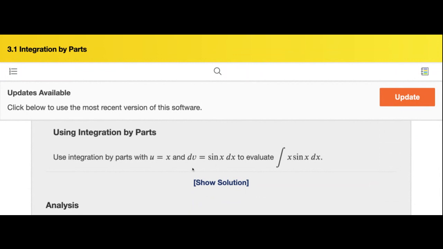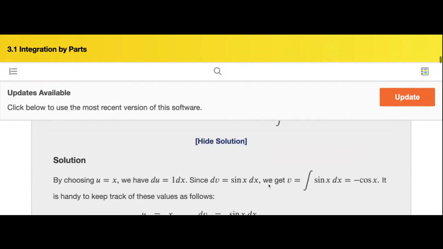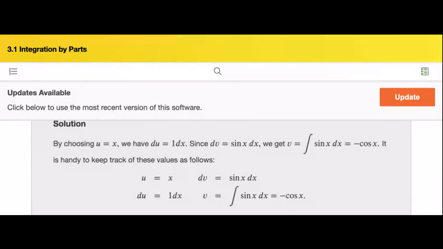Then we can find v: v equals negative cosine x. So u equals x, du equals dx, dv equals sine x dx, and v equals negative cosine x.